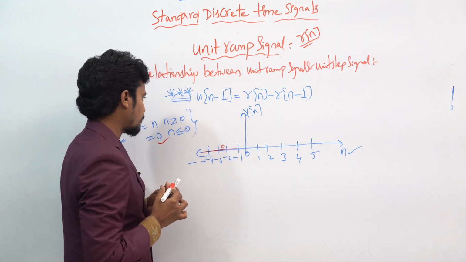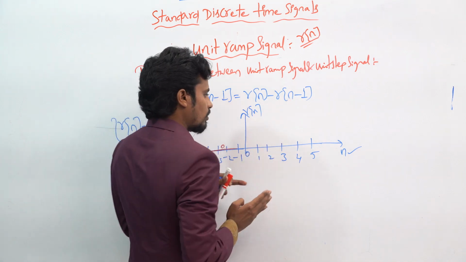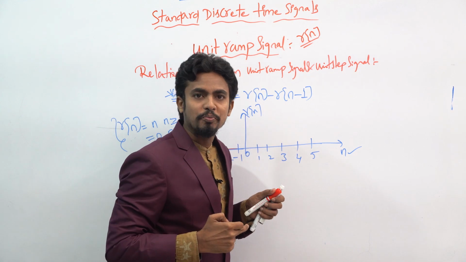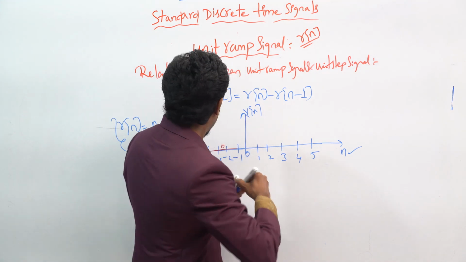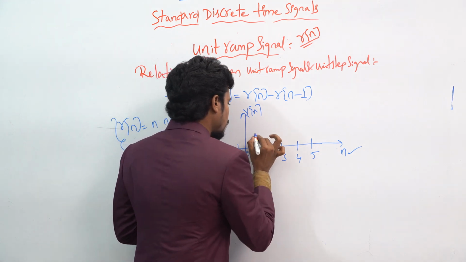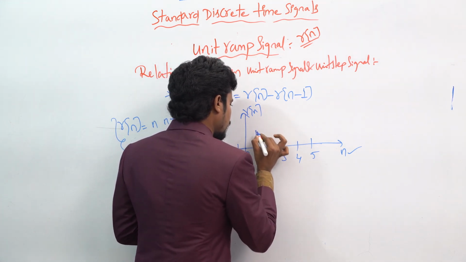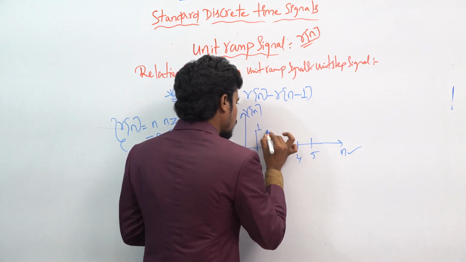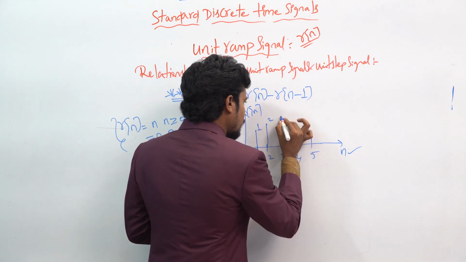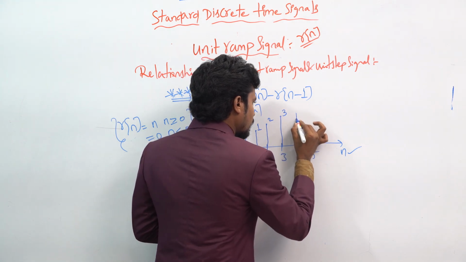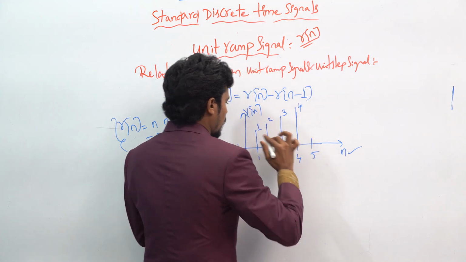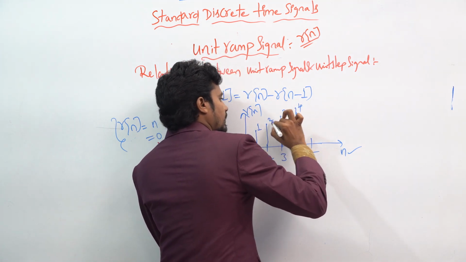For n greater than or equal to 0, the line will be like this, where you can find the slope. At 0, here for 1, here 2, here 3, and here 4.